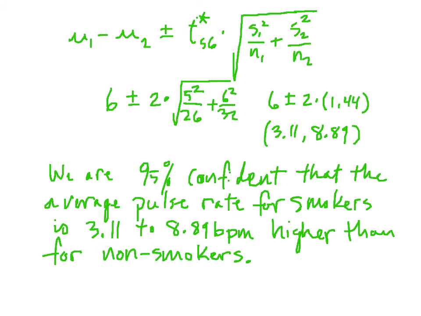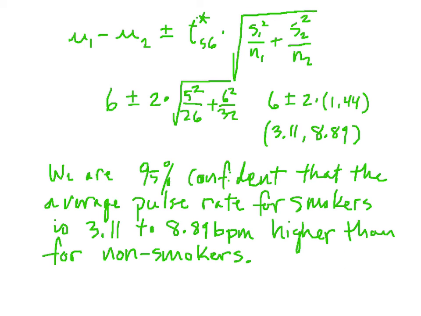Now the confidence interval is pretty much the same setup as we've seen before. It's the difference. We need t-critical, and we have the standard error of the difference of the means. So in this case, t-critical for 56 is roughly 2. And then here's our standard error of the difference of the means. And we end up with the interval 3.11, 8.89. And it's the same interpretation.